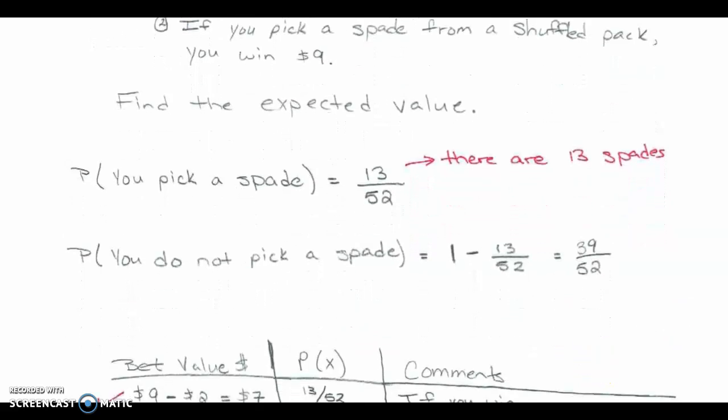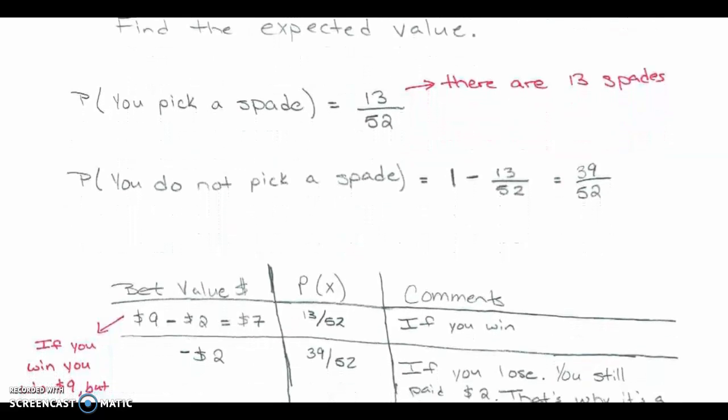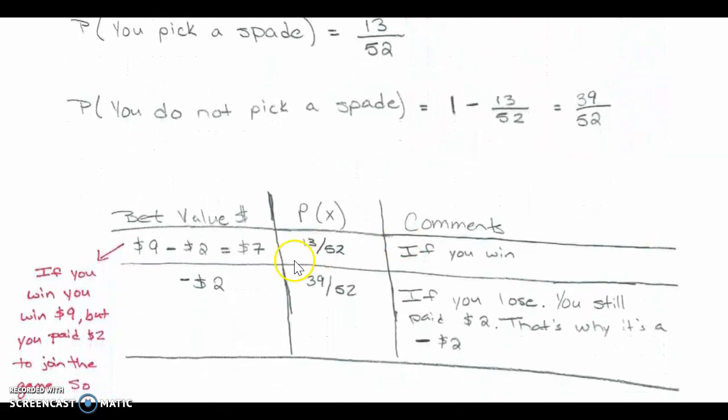So let's put this to use. Let's set up our little table. For the bet value, you win $9, but remember, you paid $2. So technically, you're only winning $7 because you've already paid the $2. So you win $7 at that probability of 13 over 52, because it's 13 spades out of 52, if you win.